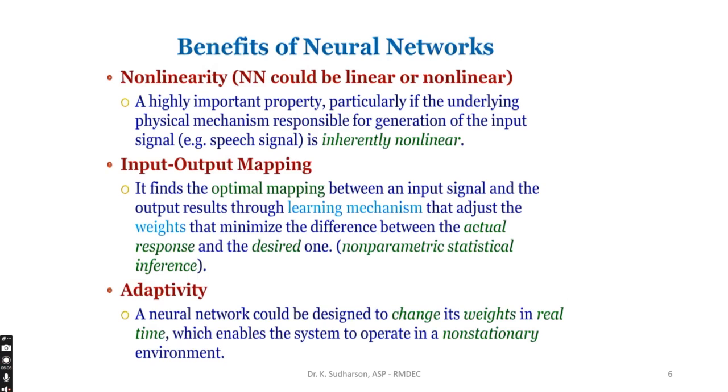So input output mapping is also one of the major benefits of neural network. And adaptivity, as I said, this neural network can adapt to any environment, any application. You can use the neural network based on the weight given to the neurons. It adapts to the change in the network.